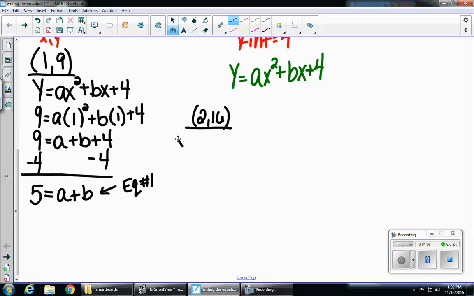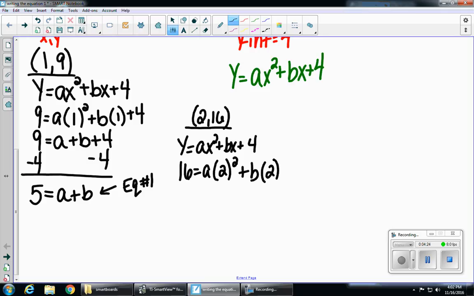So using that same equation, y equals ax squared plus bx plus 4, I'm going to substitute in once again for x and y. This time y is 16 and x is 2. So I have 16 equals a times 2 squared plus b times 2 plus 4.